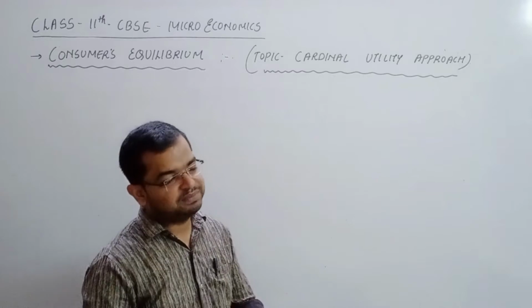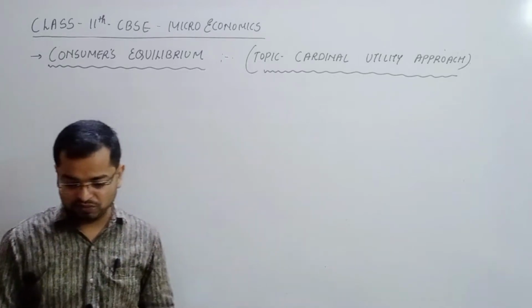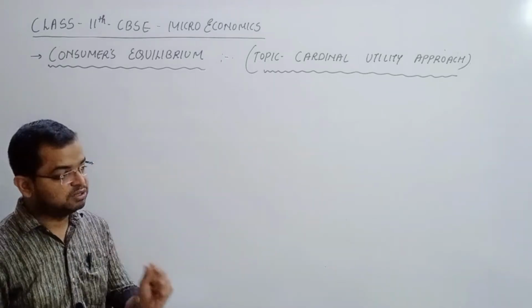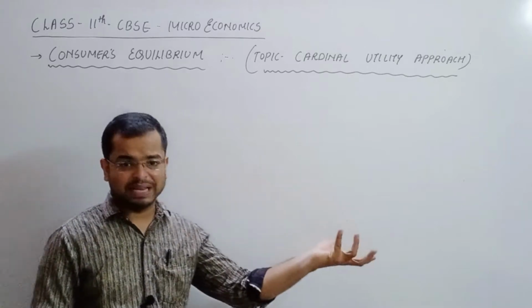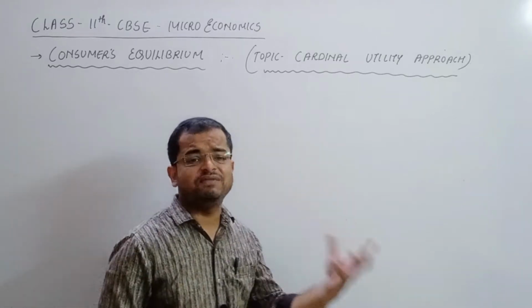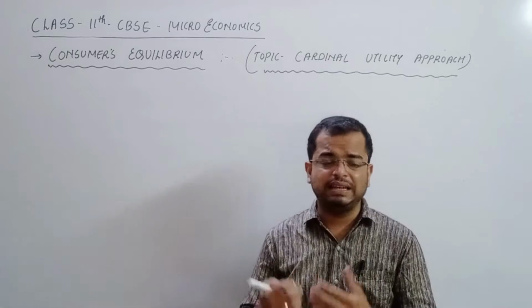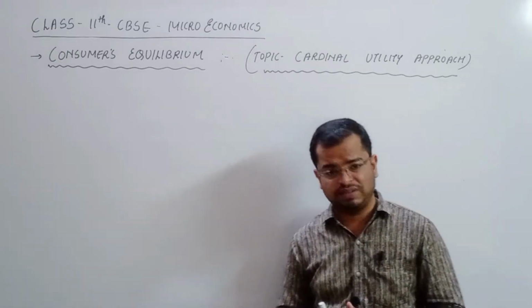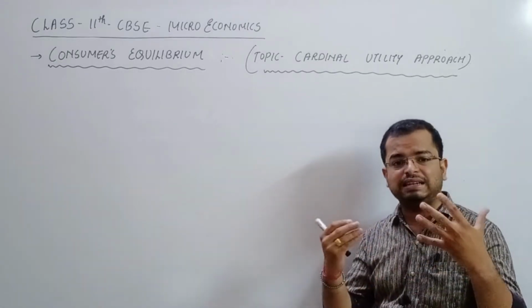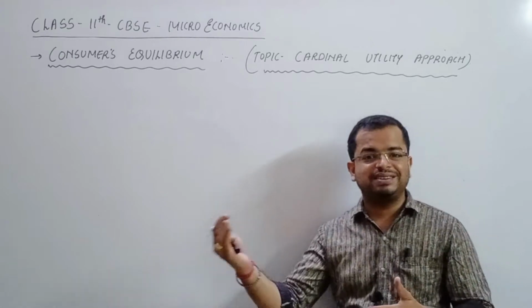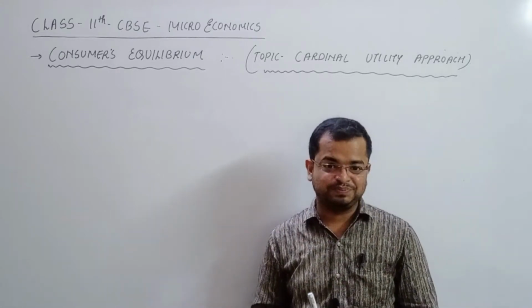Demand means the quantity of goods and services which the consumer consumes at different price levels and at different levels of income. My income is different, your income is different, and on the basis of that level of income, your demand is different and my demand is different.